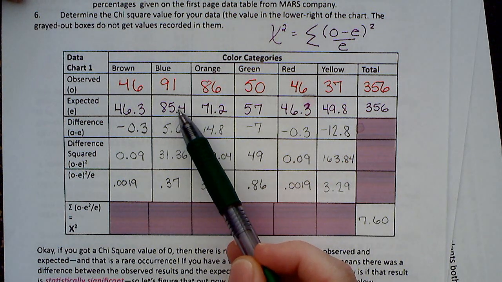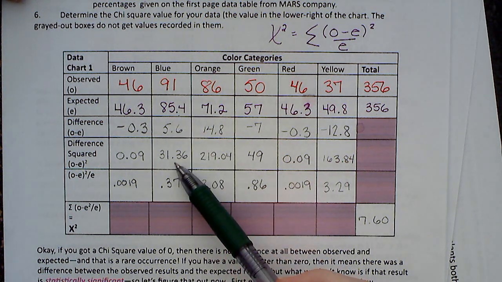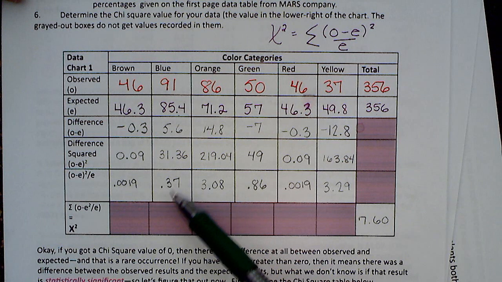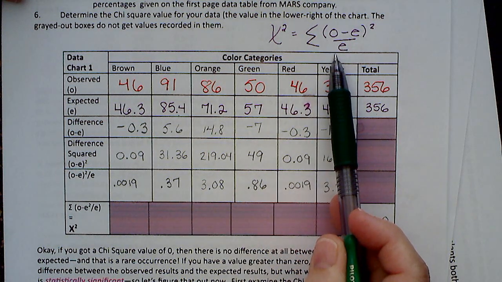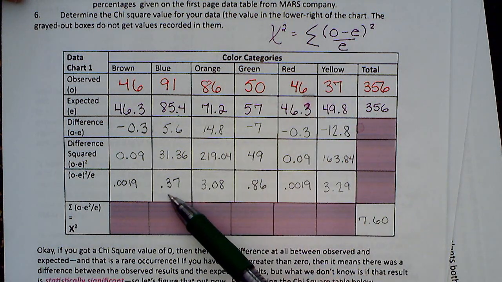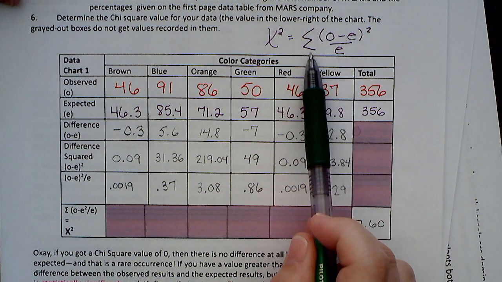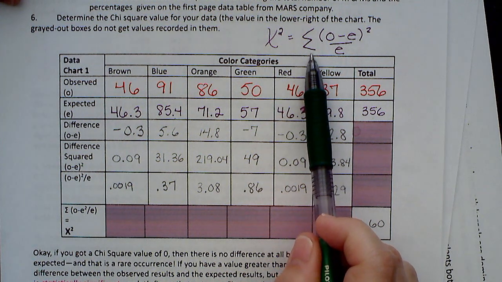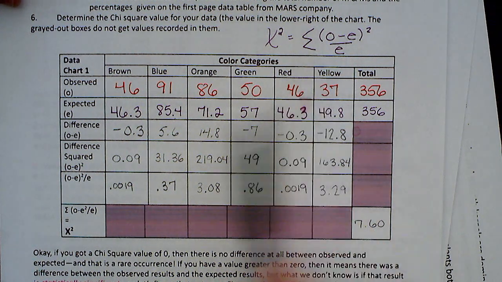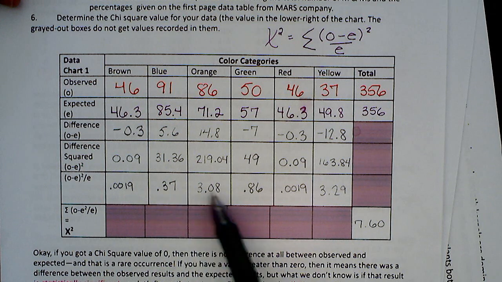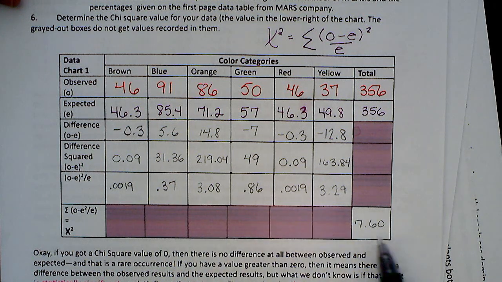Then I would have squared that, got this, and then divided by the expected value, and that's what this value is here, 0.37. I do that for all the rest. And remember, don't forget the final step. This symbol here means the sum of. So I would have needed to add up all of these to get my final chi-square of 7.6.